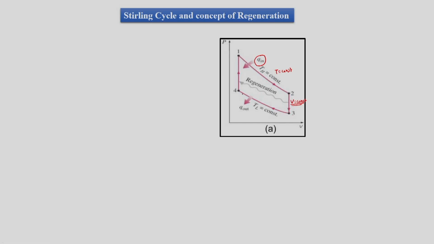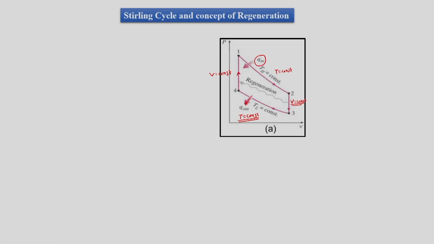Then process 3 to 4 is the Q out process at constant temperature to the surrounding. And then we have process 4 to 1, which is a volume constant process. But here we are having heat gain in the volume constant process, but this is again not from the surrounding, but this is internal heat exchange from the process 2 to 3.